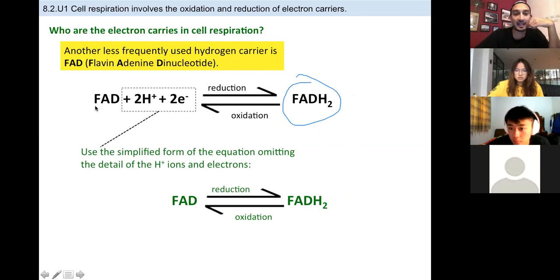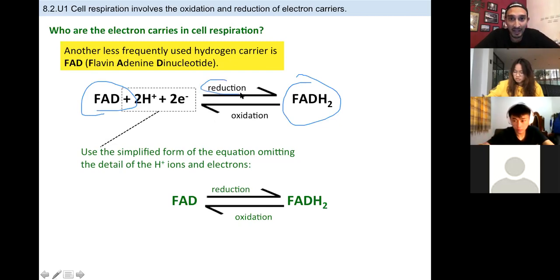Well, we take FAD, which doesn't carry electrons, and we add electrons to it by a reduction reaction, gaining electrons, and it becomes FADH2, and then this will go to the electron transport chain eventually.